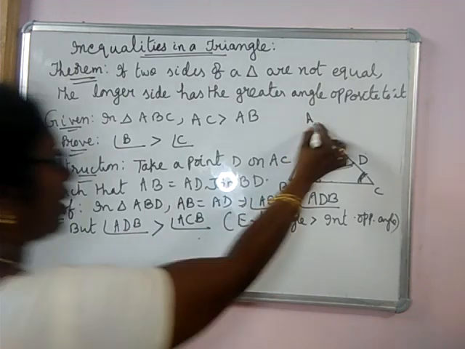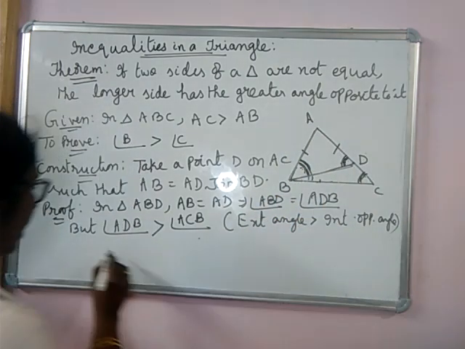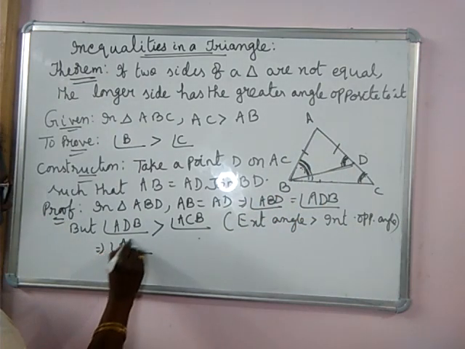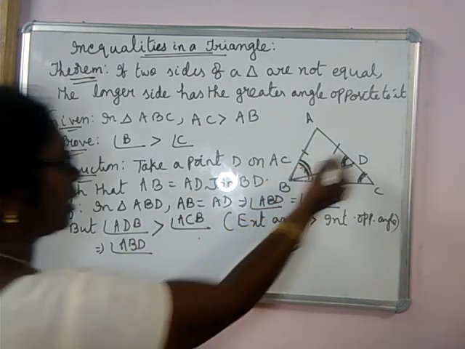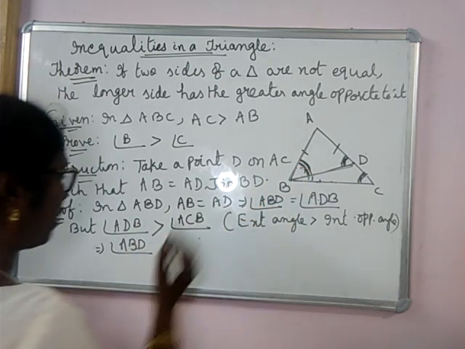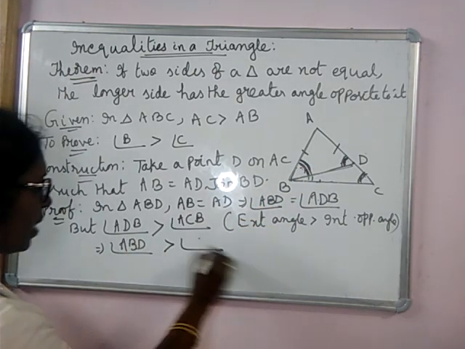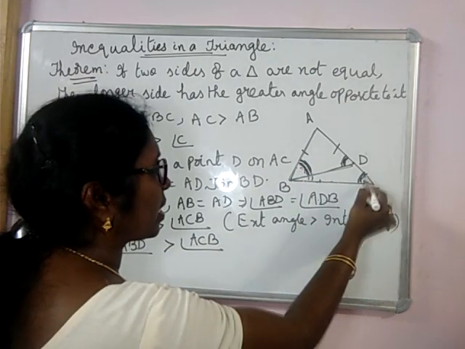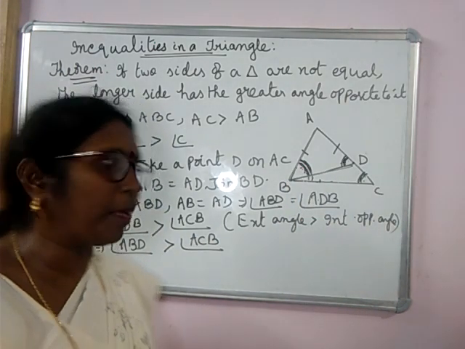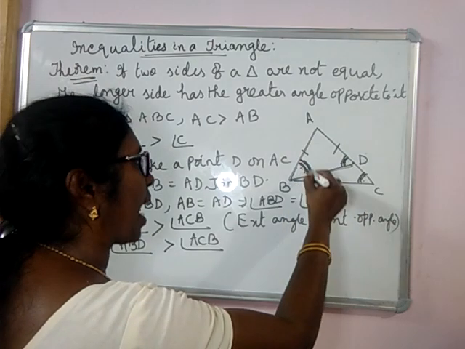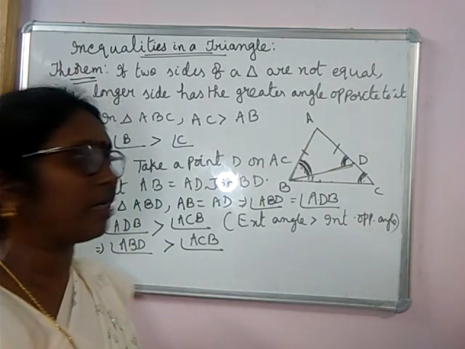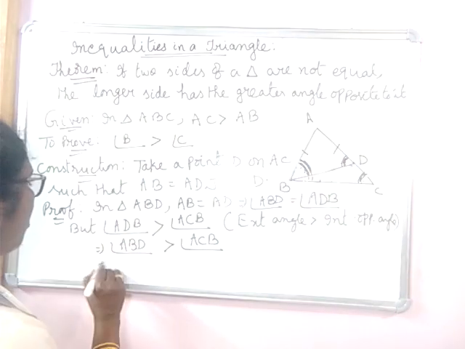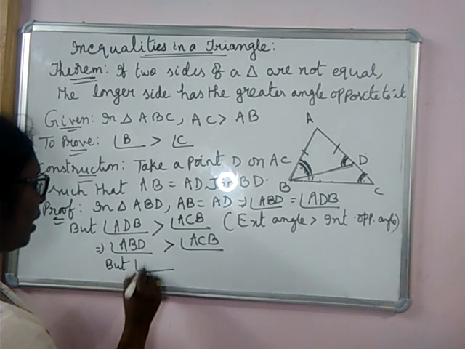In place of angle ADB, let me write angle ABD, because ABD and ADB are equal. Angle ABD is greater than angle ACB. But angle ABC is angle ABD plus this other angle.